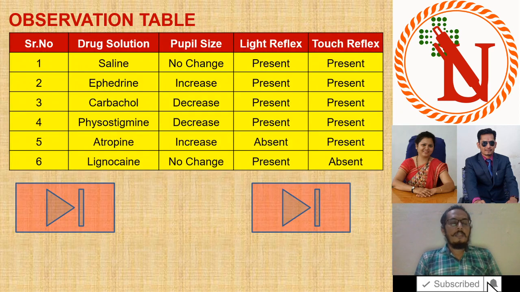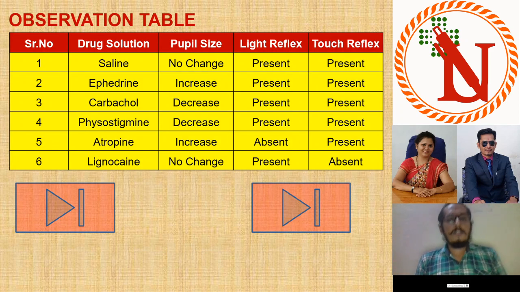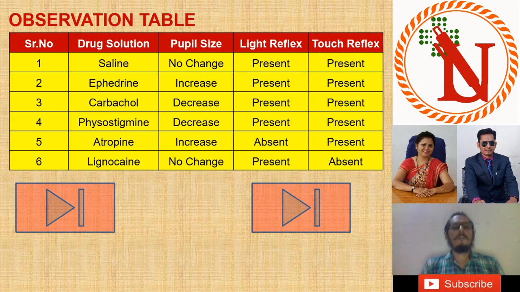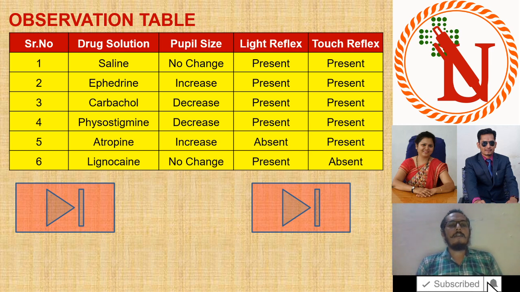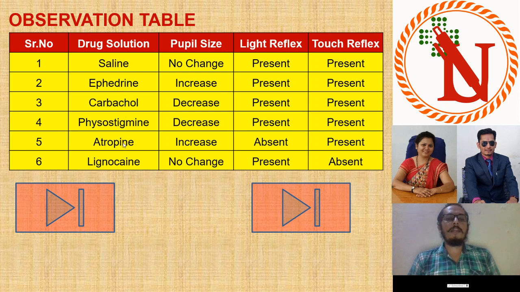Next, here is the observation table. I am taking the observation table directly so you can get an easy idea of which drug we are going to use and which kinds of reflexes or responses we are going to measure. Here the drug solutions are saline, ephedrine, carbachol, physostigmine, atropine and lignocaine.